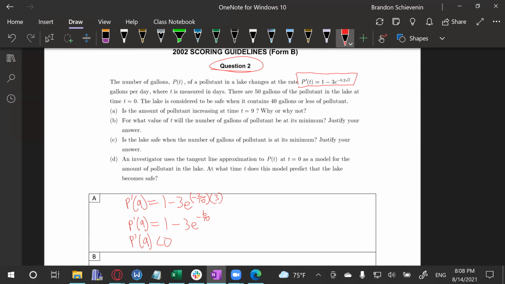Because P prime at 9 is less than 0, we could say that the amount should be decreasing. Part B.